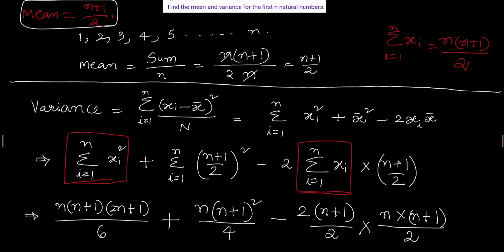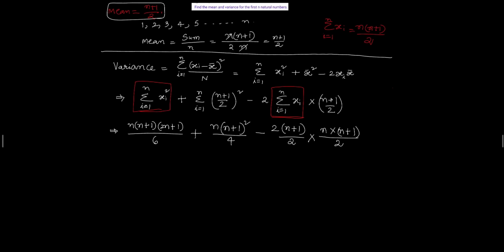Now simplify this. So we will have n into n plus 1 into 2n plus 1 divided by 6 plus n into n plus 1 whole square by 4 minus 2 into n plus 1 whole square by 4.